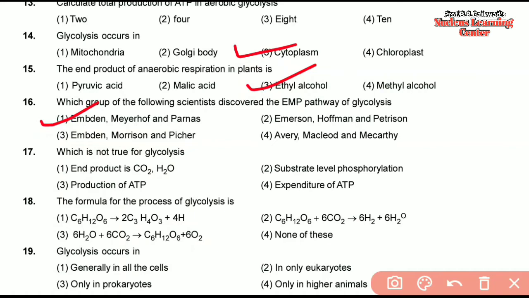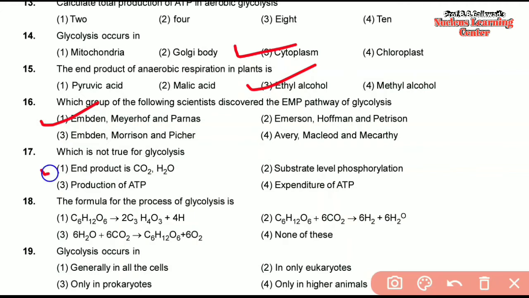Next MCQ is: which is not true for glycolysis? End product is CO2 and H2O, substrate level phosphorylation, production of ATP, and expenditure of ATP. Among these 4 options, which is not true for glycolysis?